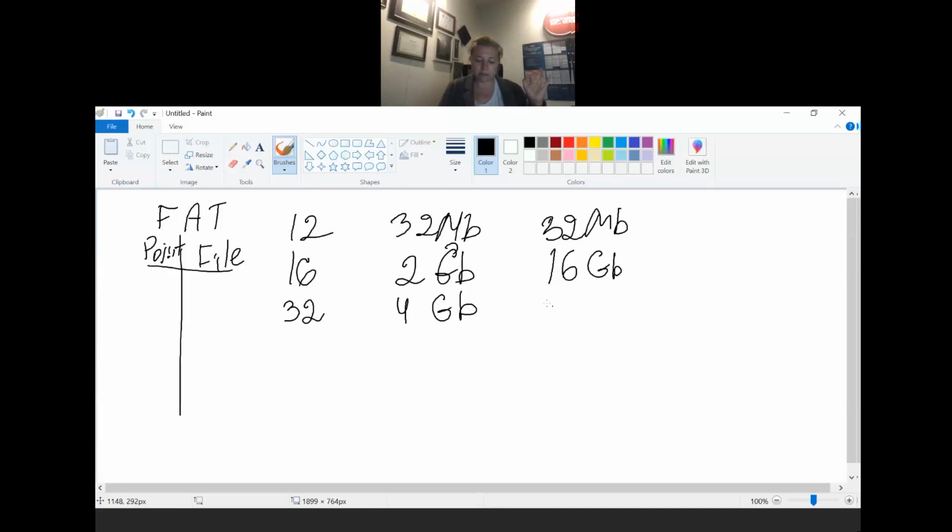And the size of the volume can be a maximum of 32 gigabytes, which is, you probably understand, ridiculously small. But compared to 32 megabytes, when it's basically a diskette. I think a diskette was formatted as FAT12, if I'm not wrong. And I think I'm not. I'm pretty sure that a diskette was FAT12.